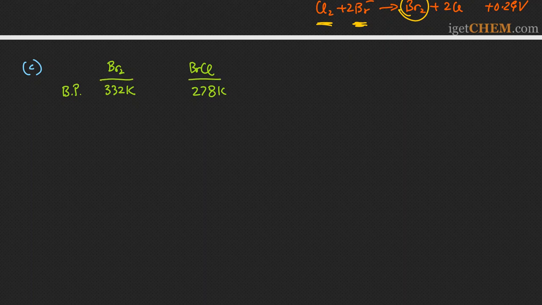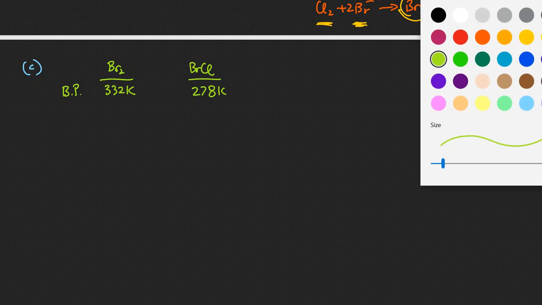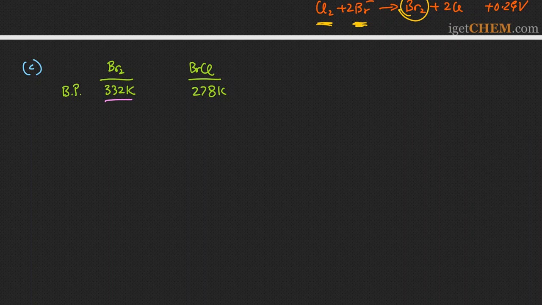So clearly, based on the boiling point, you see that because the boiling temperature of Br2 is higher than BrCl, then you expect that there are larger intermolecular interactions in Br2.